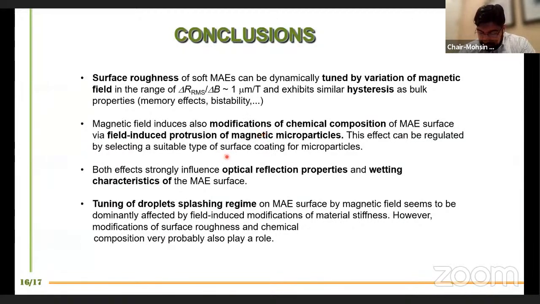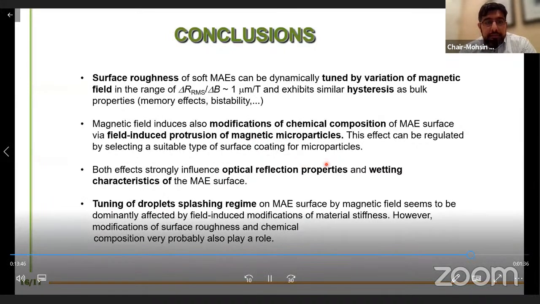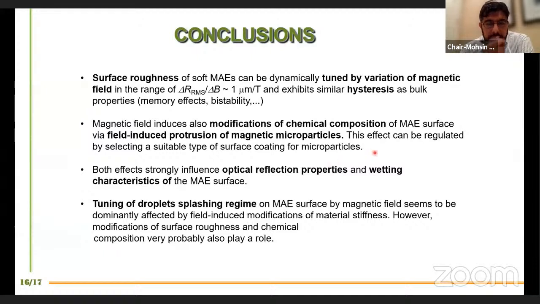Another thing is that the magnetic field induces modification of the chemical composition of the surface. Due to the protrusion of magnetic microparticles, the surface chemical structure can be modified. And this is another possibility of regulation, because by changing the surface coating of the microparticles, we can also modify this chemical modification.